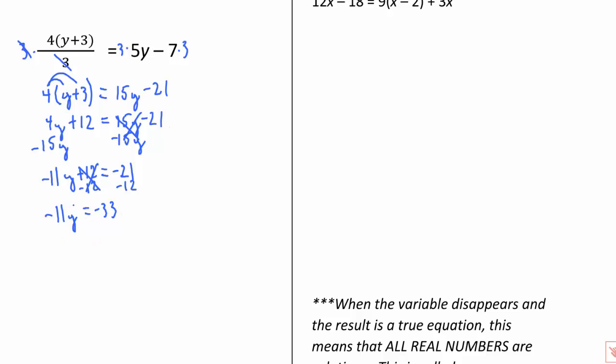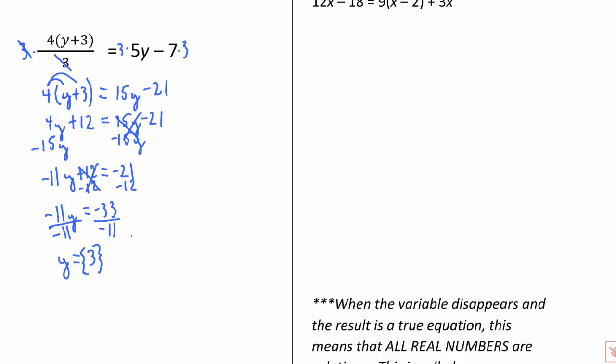Now this is the form ax equals b, so I just divide by whatever's in front of y, in this case negative 11. So y will be left on the left-hand side, and negative 33 divided by negative 11, both negatives give me a positive, and 33 divided by 11 is 3. This is going to be the solution set.